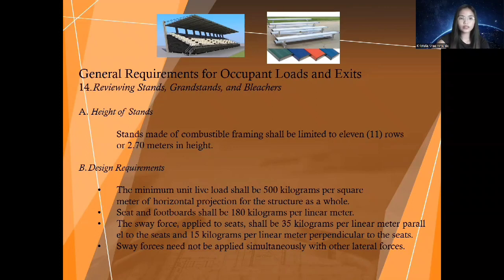The sway force na gina-apply sa mga seats shall be 35 kilograms per linear meter na nakaparallel sa seats and 15 kilograms per linear meter na nakaperpendicular sa seats. So ang sway forces is dili siya need i-applied simultaneously with other lateral forces.